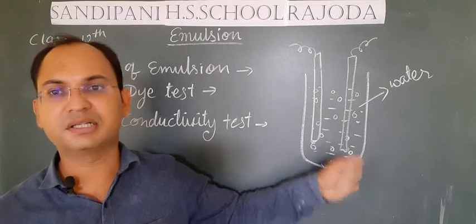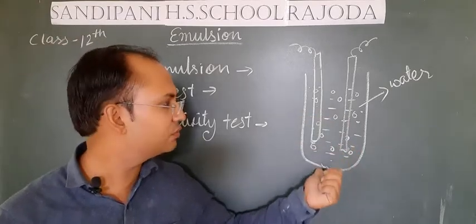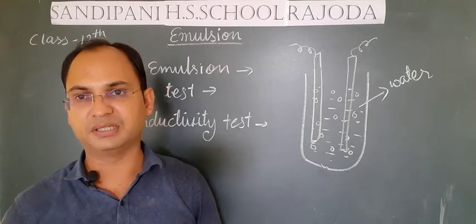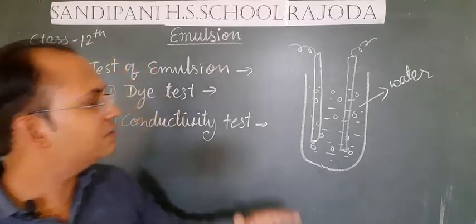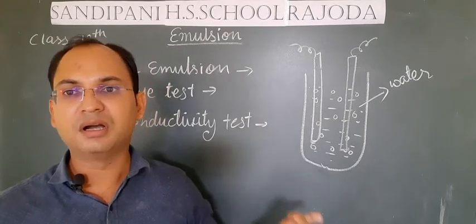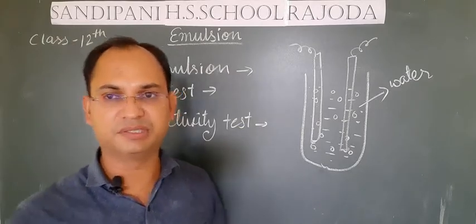That is why the conductance of the solution does not increase by a significant figure. So we can say that this type of emulsion is water in oil type of emulsion.